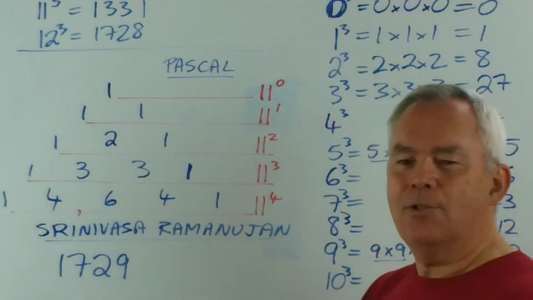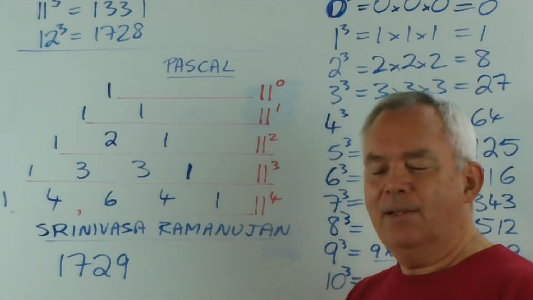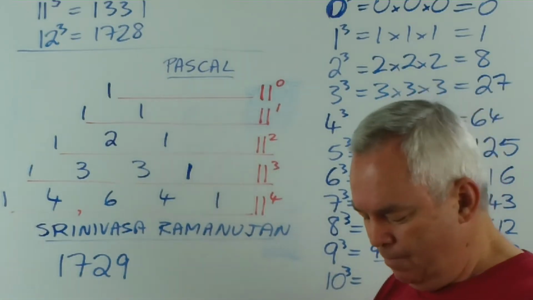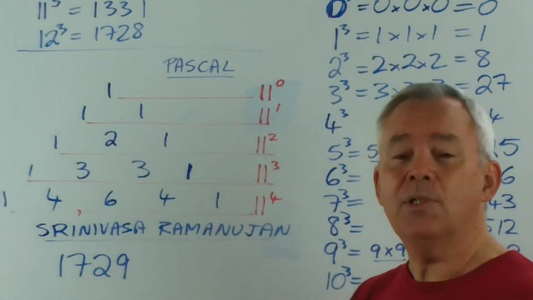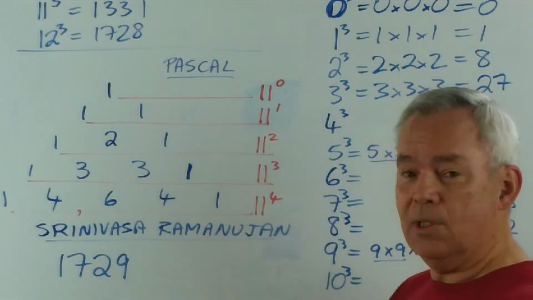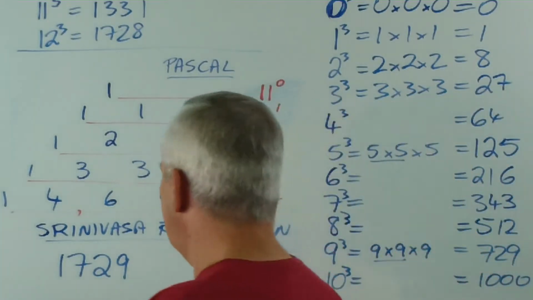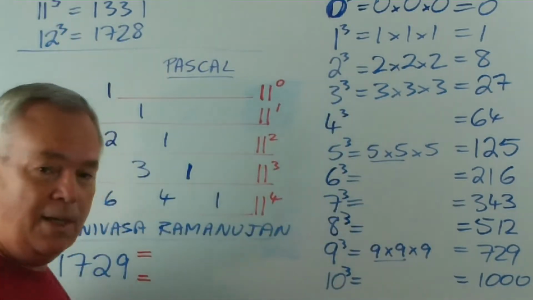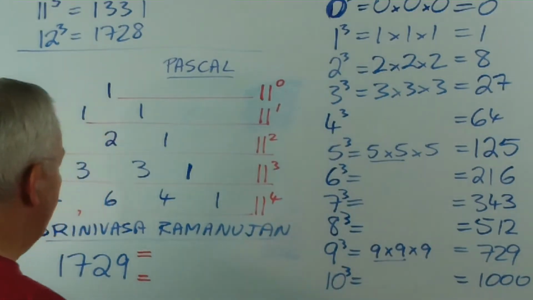And Srinivasa Ramanujan said to him, "On the contrary, this is a most fascinating number. It is the smallest positive integer, that is the smallest positive whole number, that can be expressed as the sum of two cubes in two different ways." Now we've got a whole lot of cubes written here, cubic numbers.